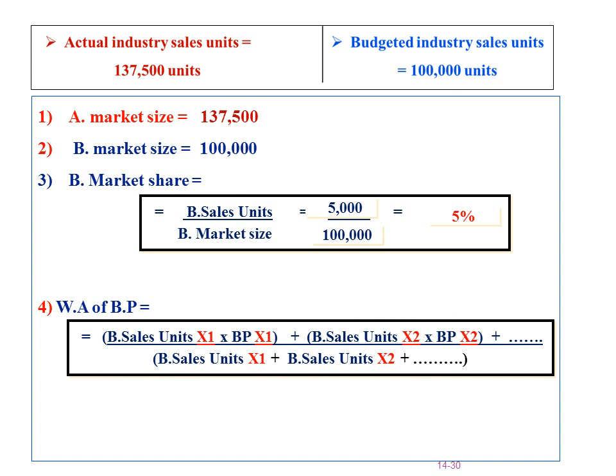I need budget sales units for x1 times the price for x1, all of them budgeted, plus budget sales units of x2 times the price of x2, plus if I have x3, budget sales units of x3 times the price of x3, if I have x4, etc. The value divided by the units: budget sales units for x1 plus x2 plus x3, etc.